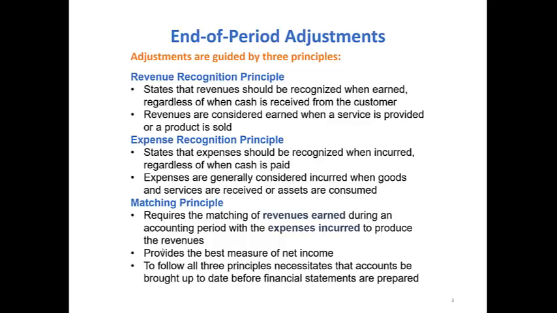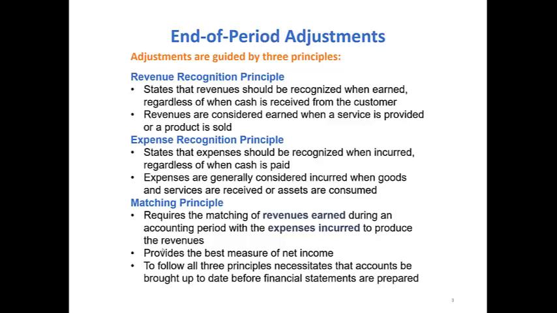For example, if I have an expense for January, I need that expense to be offset against January's revenues, not February's, maybe when we receive the bill. So that's going to provide the best measure of our net income. So we are going to be following all three of these principles when we create our adjusting entries.